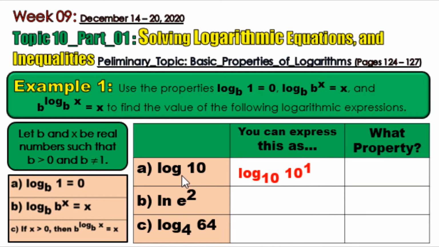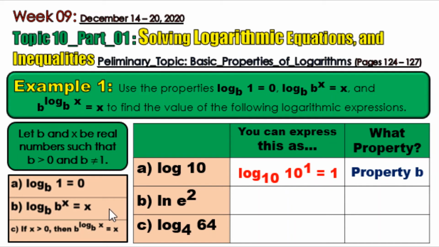Remember, this is a common logarithm, so our base is 10. Applying the second property, we have the same base 10 and the base of the argument, which is also 10. Immediately the answer is the exponent, so the answer is 1. That is according to property B.